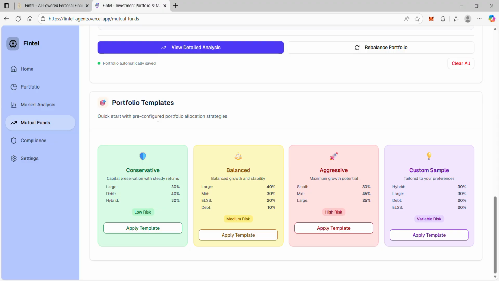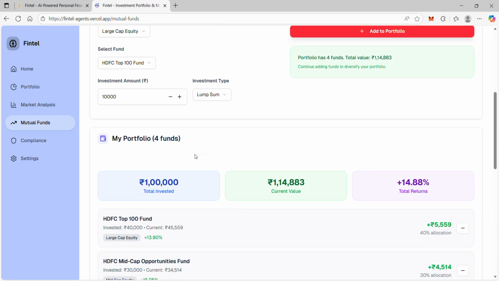In a similar fashion, I have done it for mutual funds, because the investor might not be that familiar with the mutual fund market, but he or she wants to gain good returns. So they can apply a particular template and they will get their portfolio.